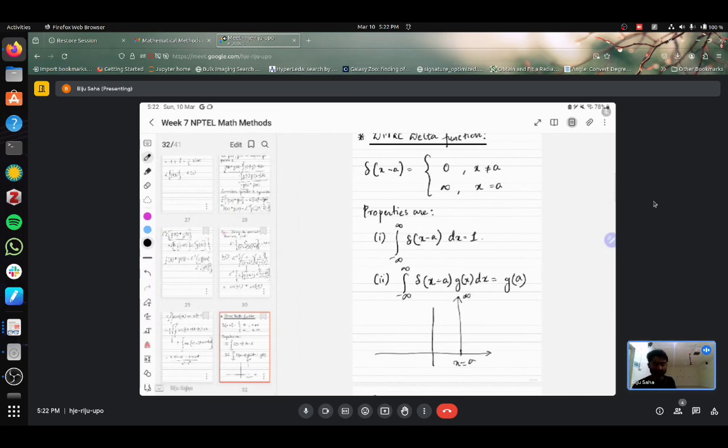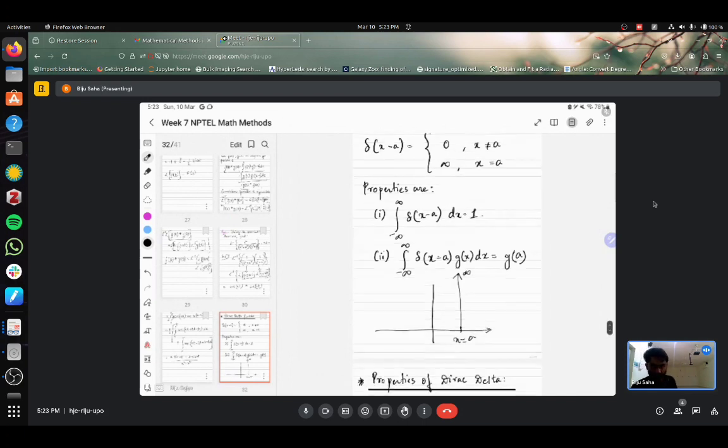That is what the Dirac delta function is, and two properties are that when you integrate over all space, minus infinity to infinity, the area under the curve is always unity. The next property is that when you multiply a function g(x) with the Dirac delta and integrate over the entire space, the integral is the value of the function at x equal to a. So this is the second property. These two are important defining properties of the Dirac delta.